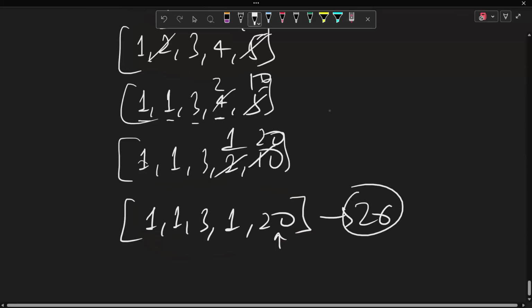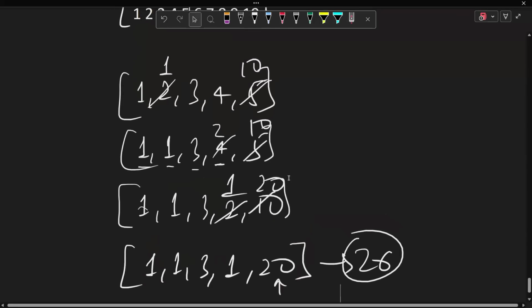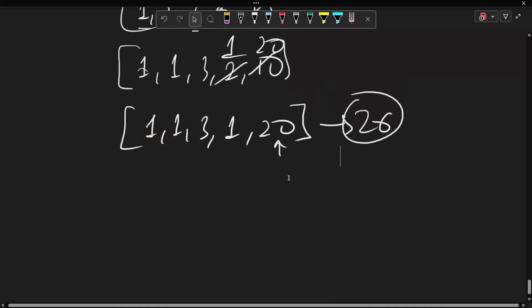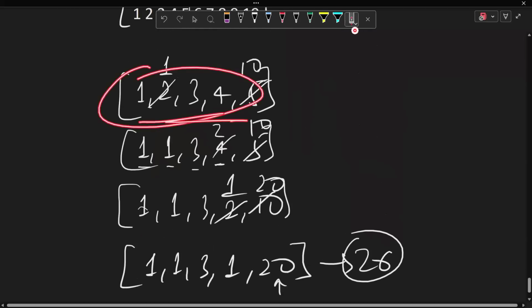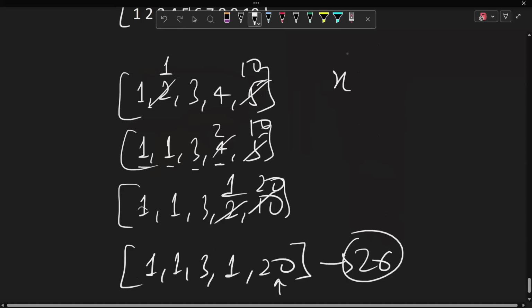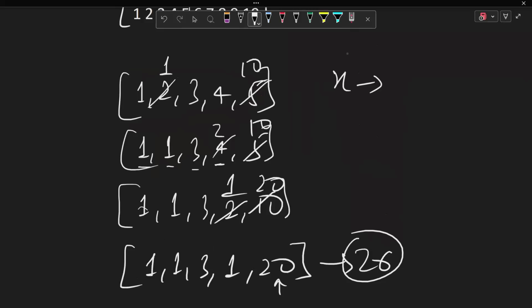Now, how can you maximize this? If you think, what is the operation that we are performing? For any number, till when can you divide it by 2? If a number is x, how many times can you divide it by 2? It is the number of times it has 2 in its factorization.